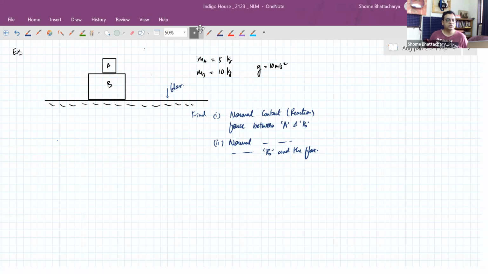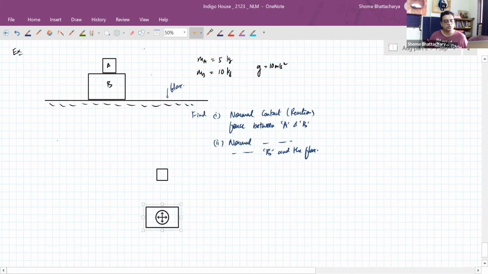So we just need to make a force diagram for each of these blocks. What we'll basically understand later is a free body diagram for each of these blocks. So on A, you'll notice there are only two forces acting. There is its weight, which is 50 newtons.